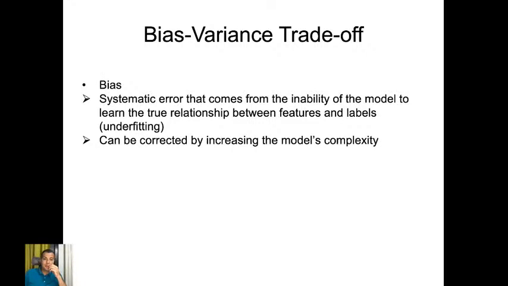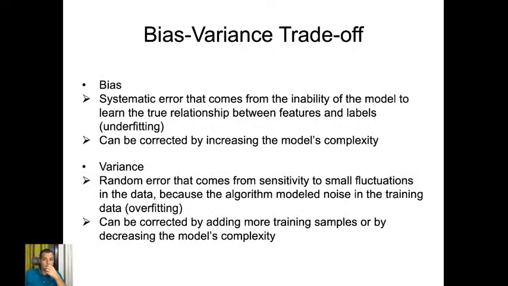The bias is a systematic error that comes from the inability of the model to learn the true relationship between features and labels. This means underfitting: your model is not complex enough. If you have a biased model, you need to expand your hypothesis class.